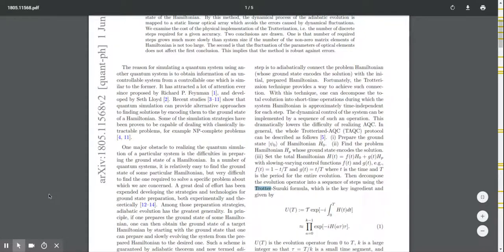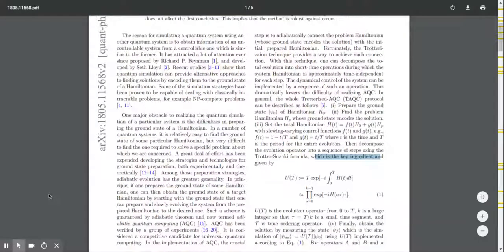Here, in general, the whole Trotterized AQC protocol can be described as follows. Prepare the ground state of a Hamiltonian. Find the problem Hamiltonian H_B whose ground state encodes the solution. Set the total Hamiltonian this way with slowly varying control functions, where t is the time and T is the period. Then decompose the evolution operator into a sequence of steps using the Trotter-Suzuki formula, which is the key ingredient.